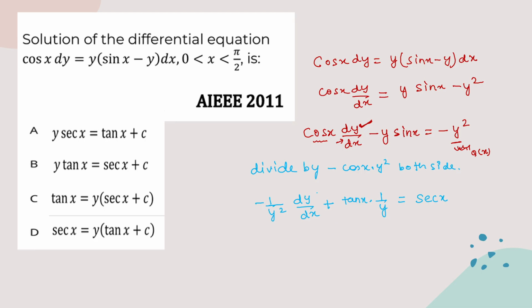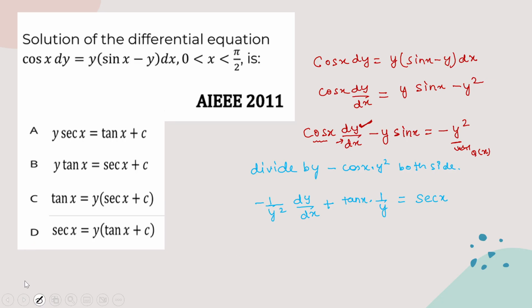So now we have converted this into this format, but again this is not the linear differential equation we have discussed, the format of dy by dx plus p of x y is equal to q of x. So again this is reducible to a linear differential equation.